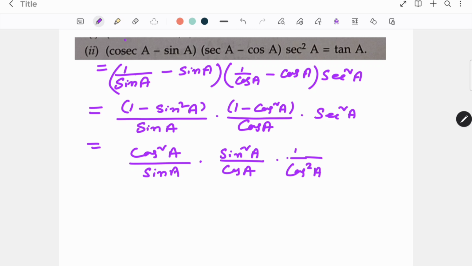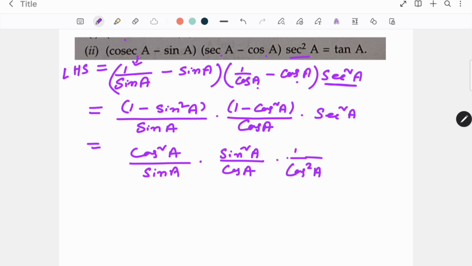Let's see how can we do this sum. Already we have split it, and from LHS we have done it. This cosec we have split as 1 by sin. This sin as it is kept. This sec is kept as 1 by cos, and cos is here only. This sec square a kept as it is.